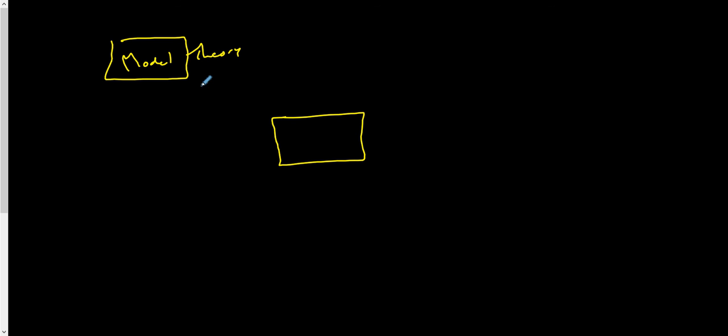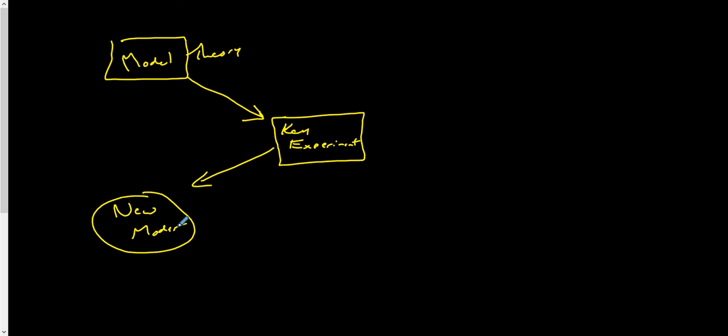And we stick with that until we get a problem or some key experiment that tells us that we need to revisit our model and create a new model. So we go from model to experiment to a new model. And that's kind of the pattern that you can see happening with the atomic models through the ages.